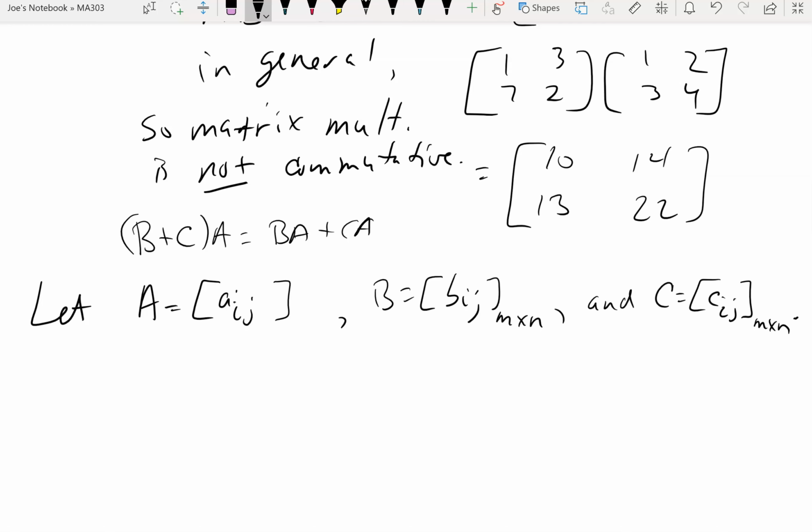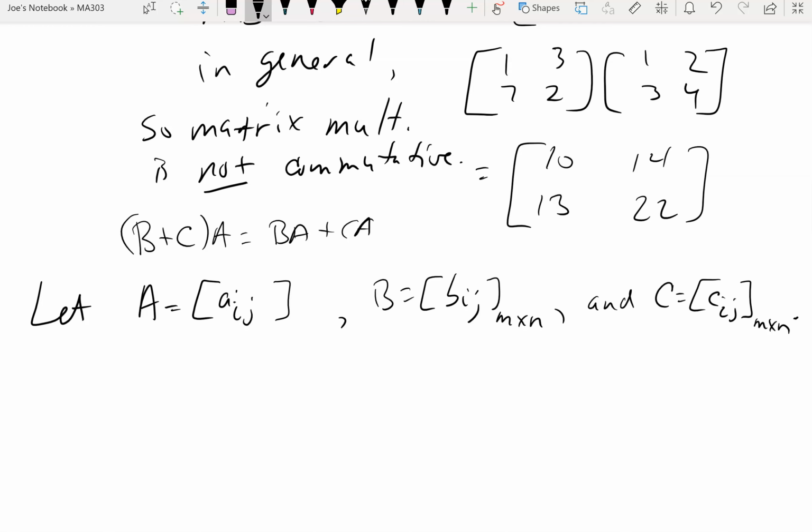I just want to make sure they have the same dimension, not necessarily the same rows and columns. It doesn't have to be a square matrix. Nothing said that it had to be square. All we know for certain is that to be able to add them, they have to have the same dimension. After we add them, the dimension will still be m by n.